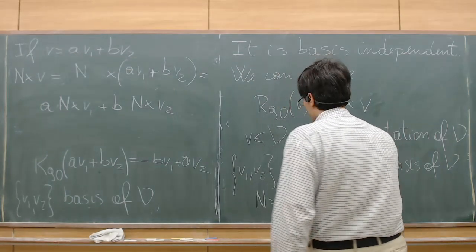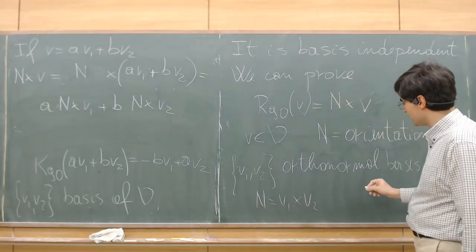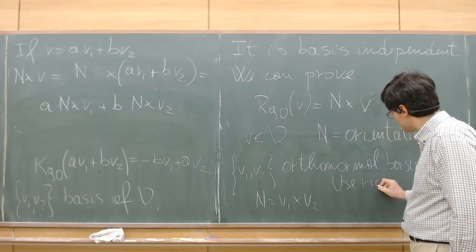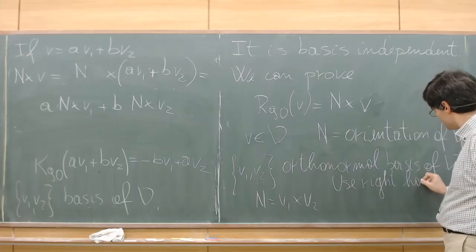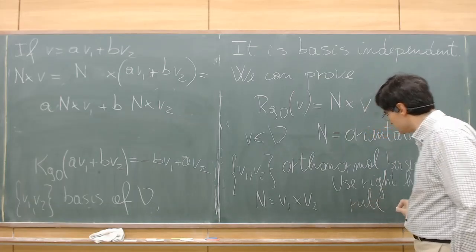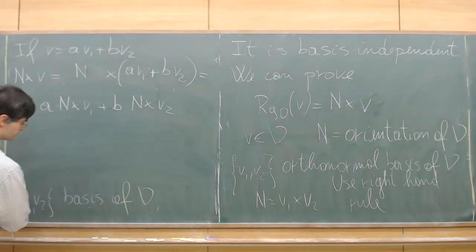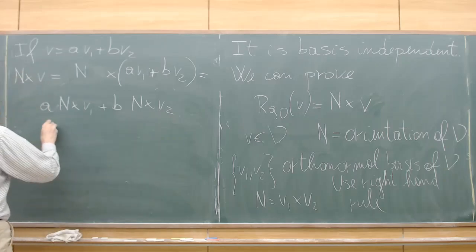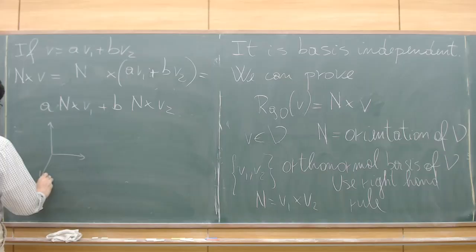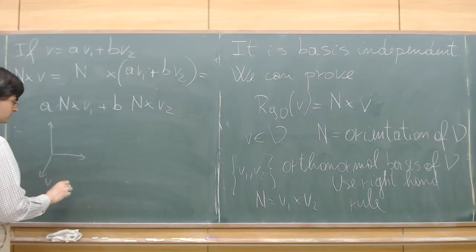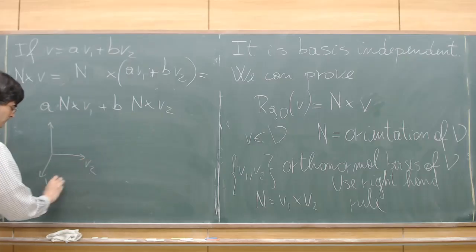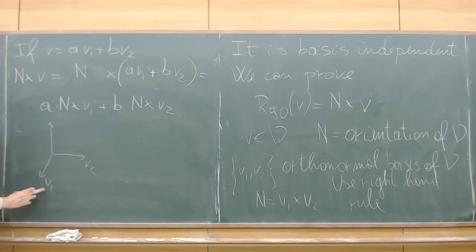If n is V1 cross product V2, then using the right hand rule, you find that if the basis V1 and V2 is the one I sketched on the blackboard, then n points this way.